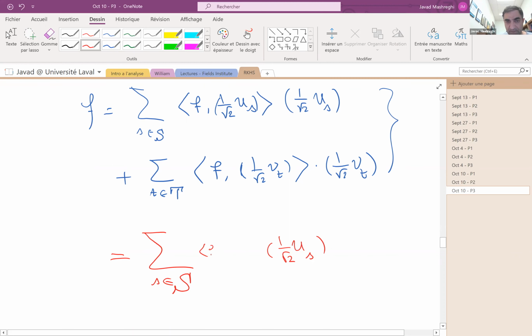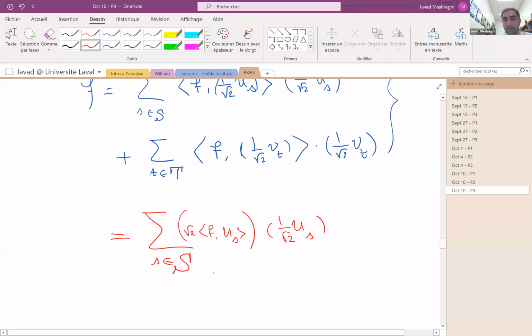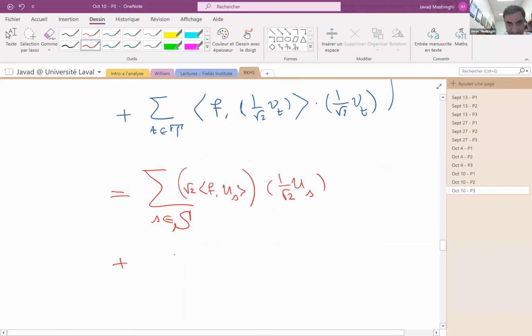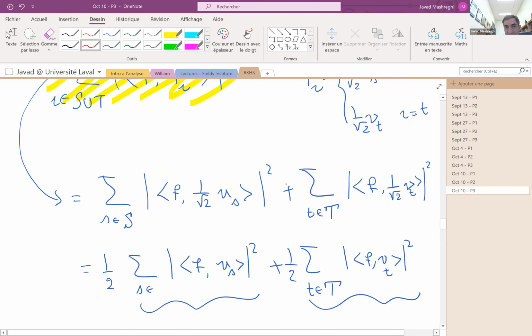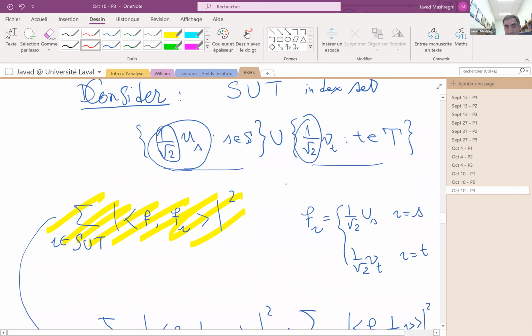And here, the inner product of F with U_S times root 2, that's my coefficient alpha, plus 0. That's another representation, because this part is 0 and the other part is the one we had before for the orthonormal basis. This one.